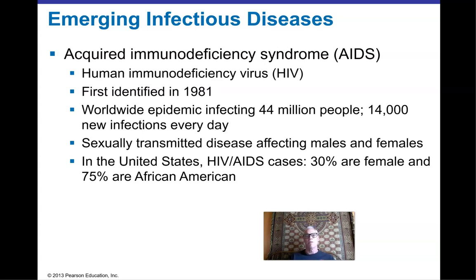Acquired immunodeficiency syndrome is the endpoint of infection with human immunodeficiency virus. And this virus just came along in the early 1980s, probably a little before that, probably the 1970s, I believe it is. It's thought to be when it first somehow made the leap from animals in Africa to humans, acquired the ability to infect humans, and then started producing an epidemic or a pandemic.